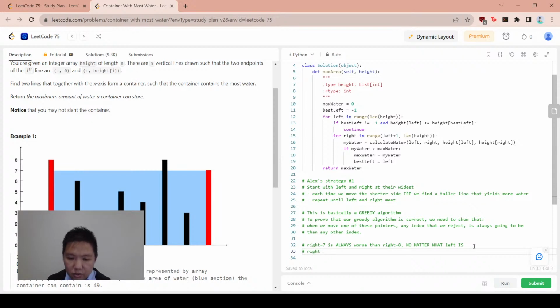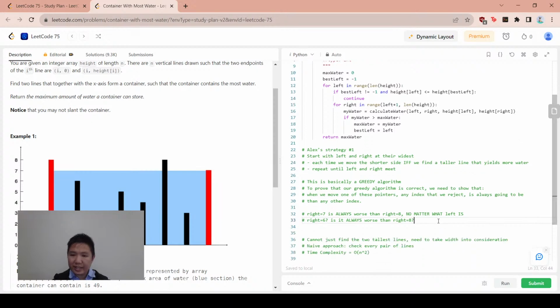What about right equals to 6? Is it always worse than right equals to 8? So this is the part I'm not quite sure about. So one thing we can do is we can calculate right equals to 6 and left equals to 1, right equals to 8, left equals to 1, and do that comparison.